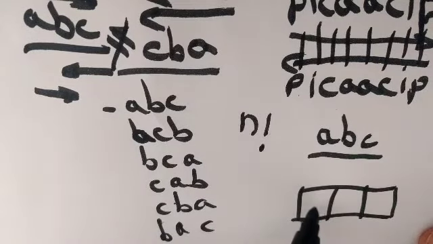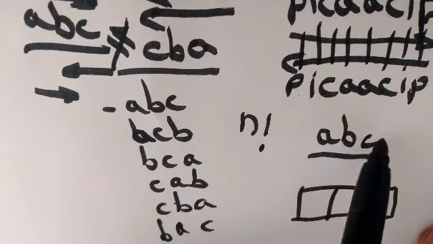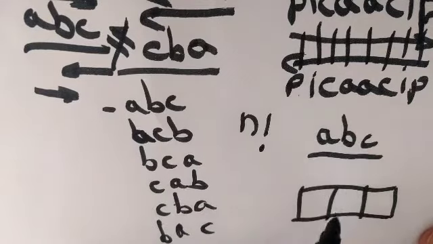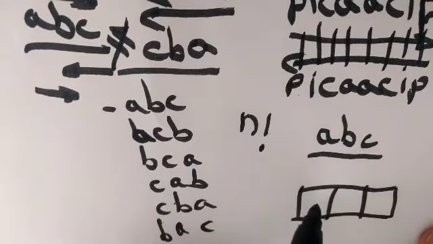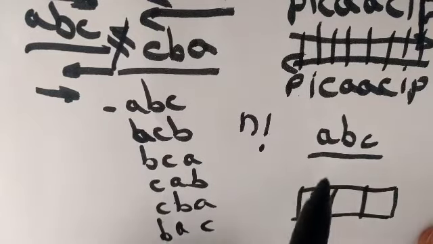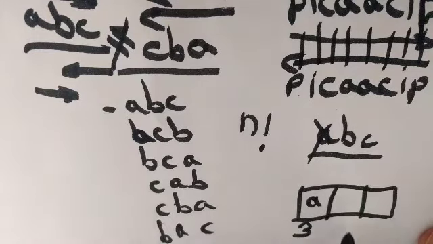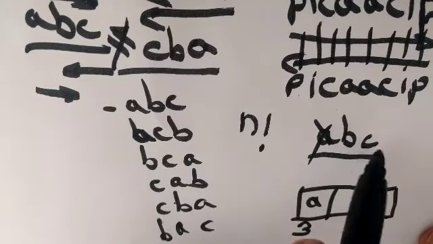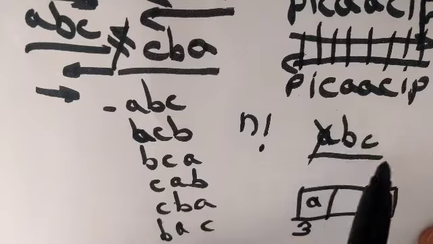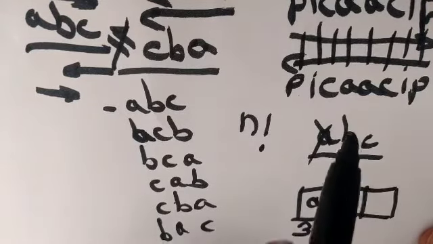So we first need to fill in the first one. We can choose any of the 3 letters, so we have 3 choices. Let's say we have chosen one. Now we need to choose the second place. We can choose any of the subsequent 2 letters, so we have 2 choices left.